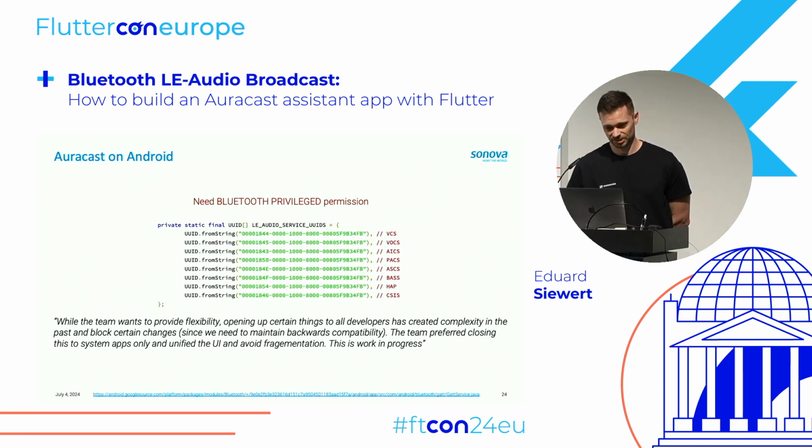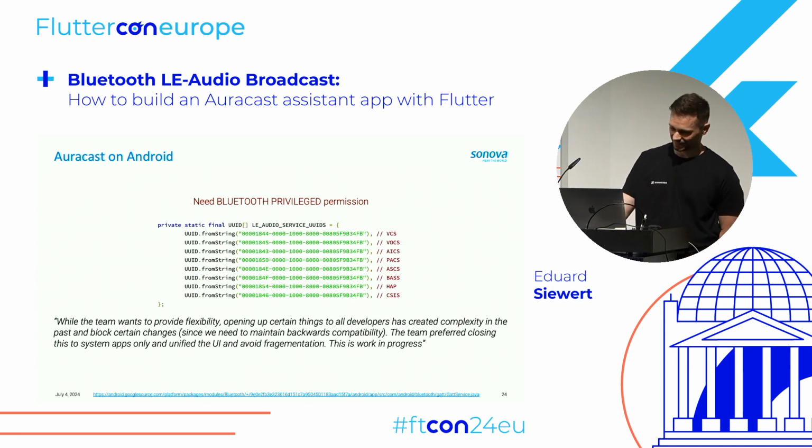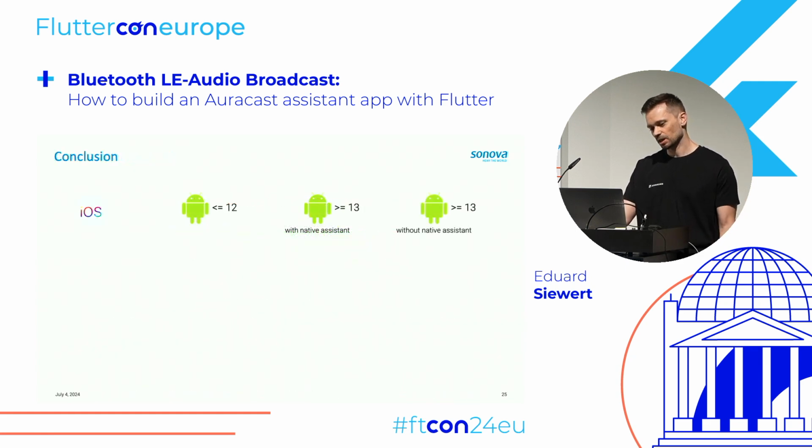Okay, so unfortunately, we are not able to use our nice Auracast application that we have just built on Android 13 or higher. This leaves us with the following situation, just to sum it up. If you are an iPhone user, or you have an Android phone with Android 12 or lower, you're lucky.